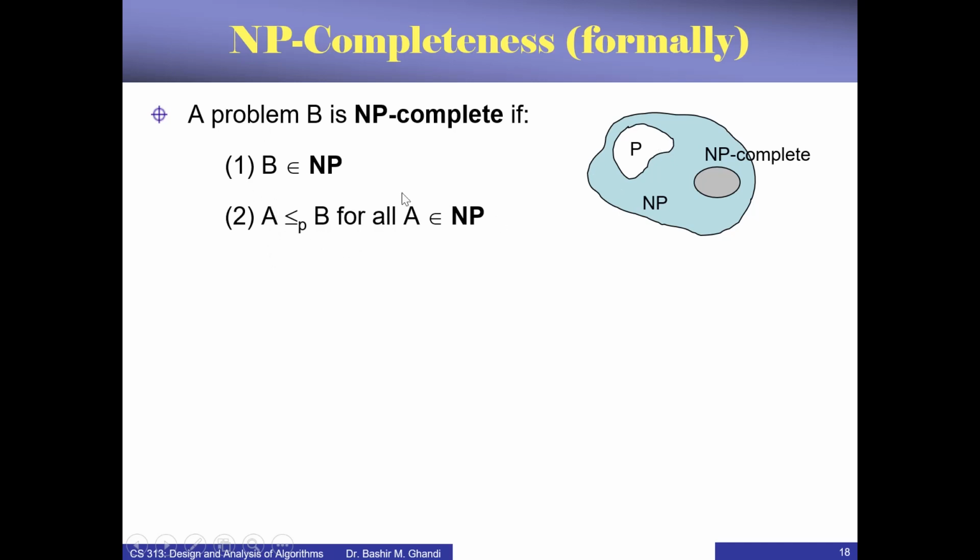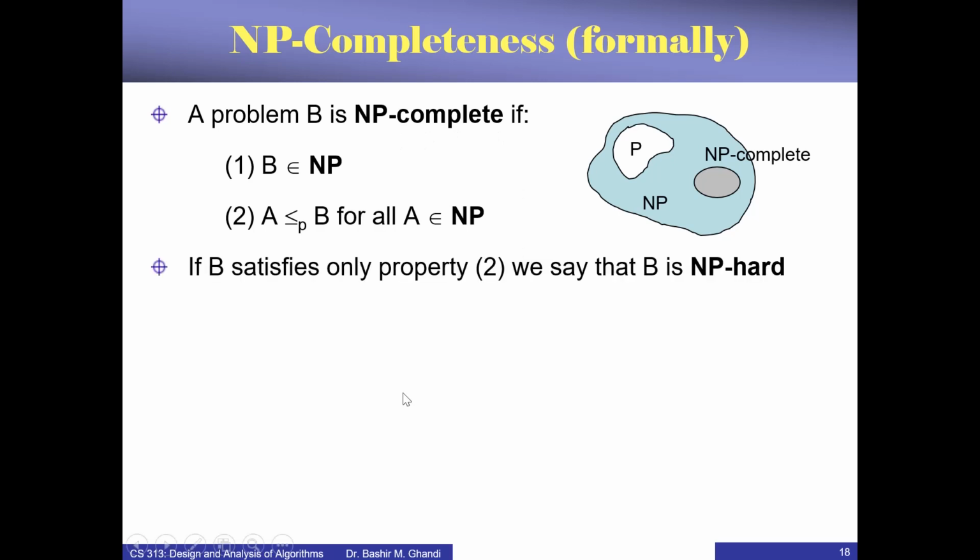No. It is all the problems that are already confirmed to be in NP that can be reduced to B. They are easier than B. So B is really very hard. If that is the case, then B is said to be NP-complete. This is the idea.